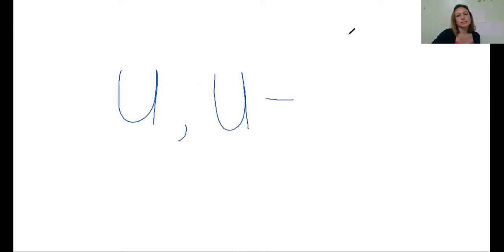Next one, 2 ways, we're at 2 ways again, to write you, the U sound. What 2 ways do we know? It can be one U, or it can be U consonant E. And our U consonant E can also say oo. It says U or oo.